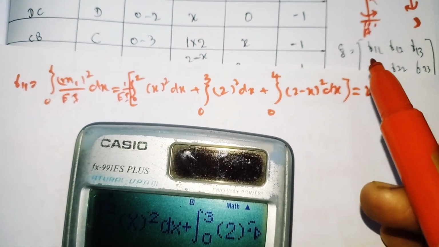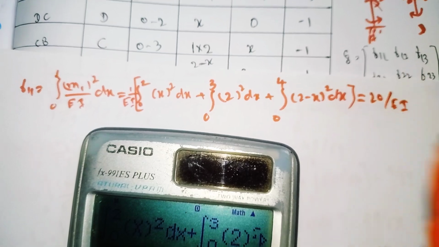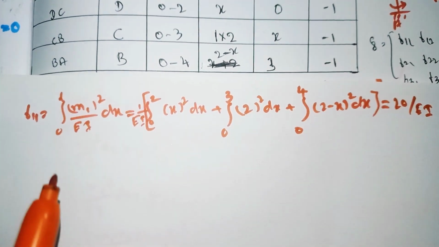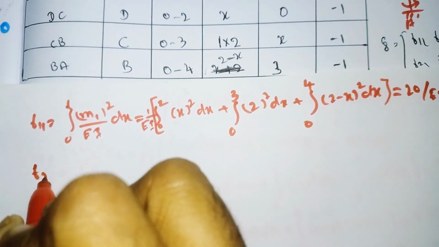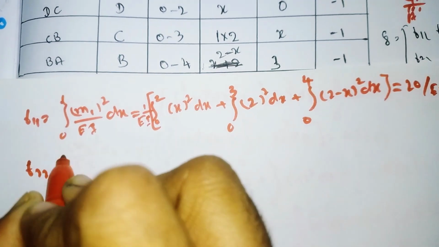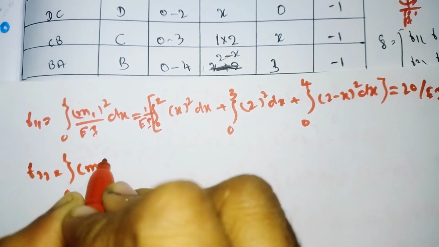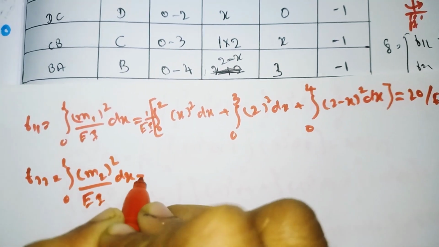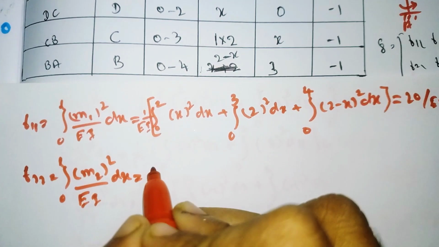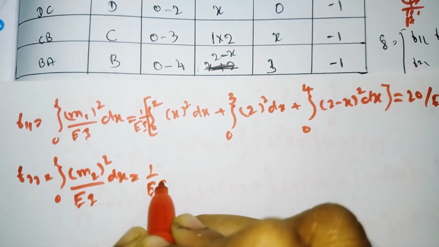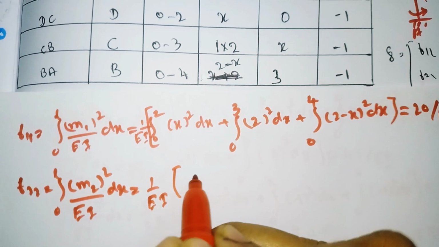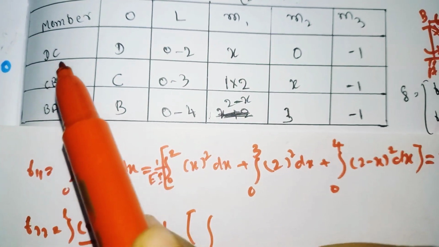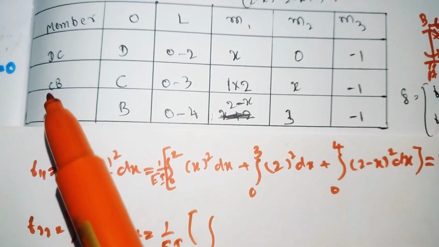Similarly, we need to find out F22. For that, we have the formula F22 is equal to integration of 0 to L M2 square divided by EI into dx, is equal to 1 divided by EI. I am taking outside 1 divided by EI, bracket, integration for DC. We have the M2 value as 0, so I am not taking it.